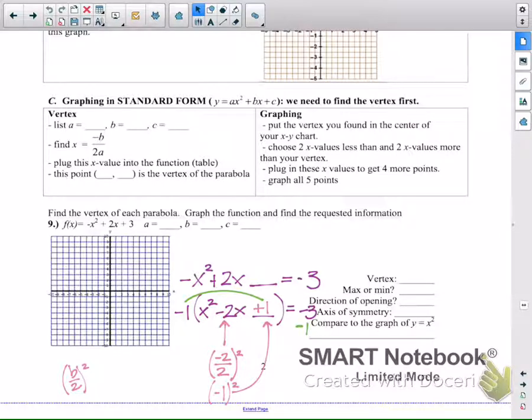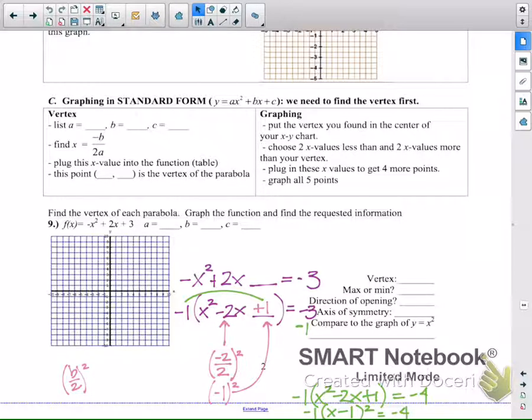Okay, so here's what I have. I have -1 outside. I have x squared minus 2x plus 1 inside. And on the other side, I have -4. We are almost done. Someone tell me, what does x squared minus 2x plus 1 factor into? x minus 1, which we want to write as x minus 1 squared, so it looks like vertex form.